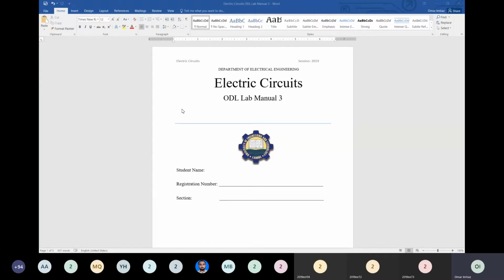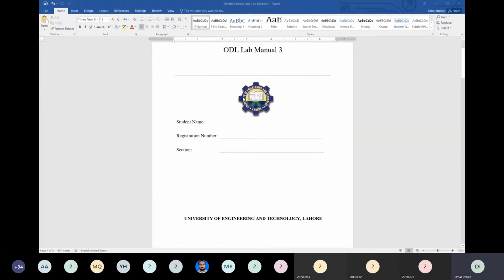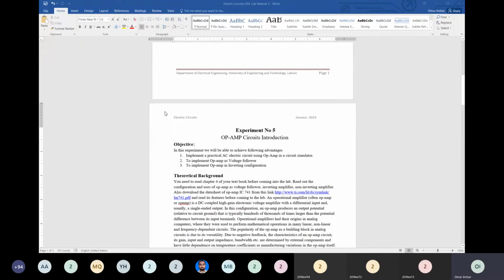In this experiment, we are going to focus on 3 usages of operational amplifiers. The first is to use it as a voltage follower, the second is to use it as an inverting amplifier, and the third is to use it as a non-inverting amplifier.